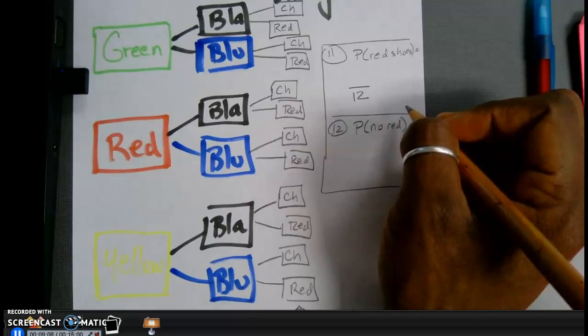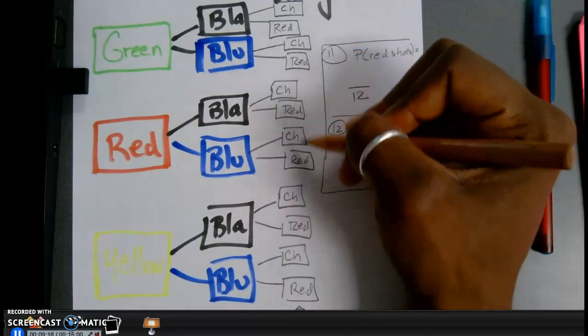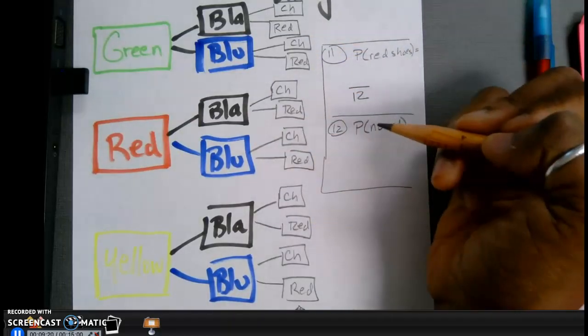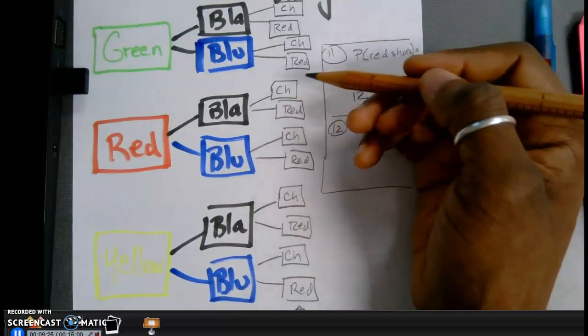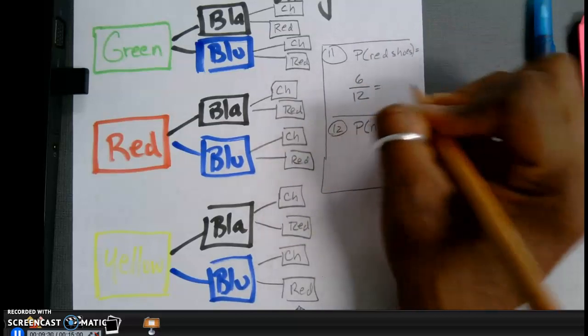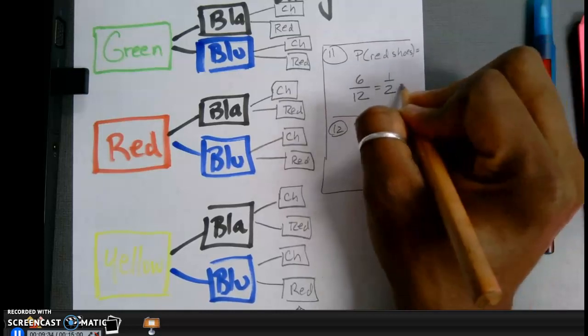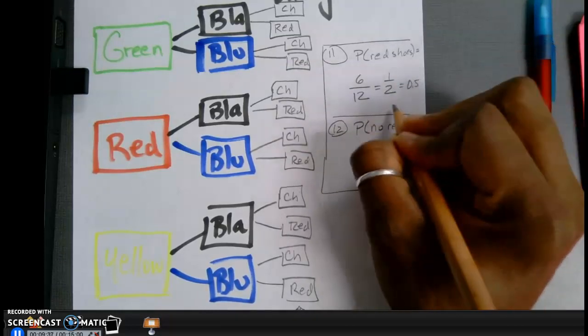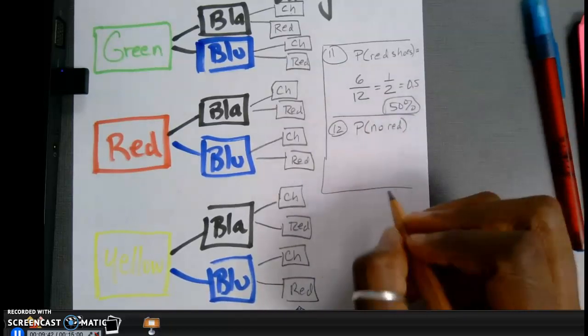So out of 12 options, the probability that he will have red shoes will be 1, 2, 3, 4, 5, 6. If we think about that, about half of the time I'm going to have a red shoe because I only have 2 different options for shoes. So 6 of 12 of my sample space is going to be red shoes, or 1/2, which equates to 0.5, or 50% of the time my outfit will include red shoes.